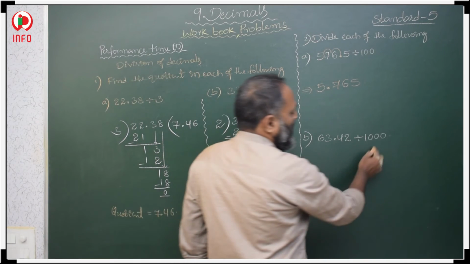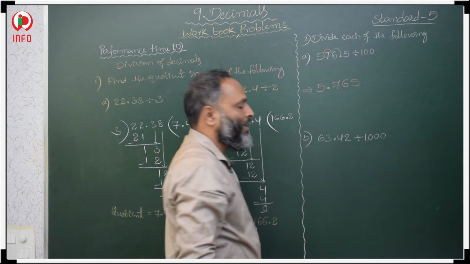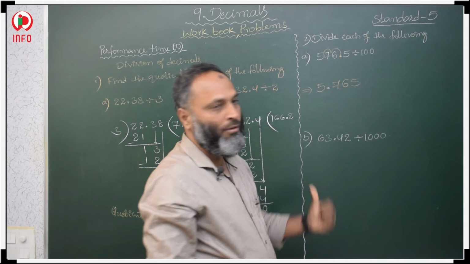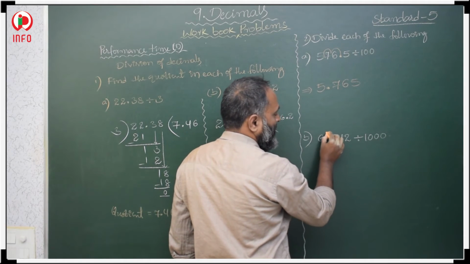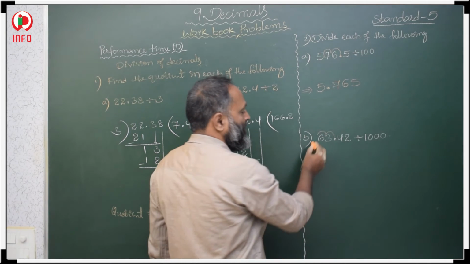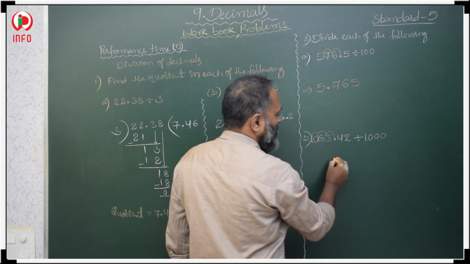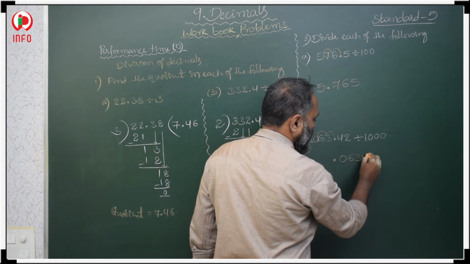Here, 63.42 divided by 1000. When we divide with 1000, the decimal point will move to the left side. How many places? 3 places. So 1 place, 2 places. Only 2 places we have. So 1 more place is needed, which means we have to take 1 more 0. Then after that the point will come here: 0.06342.